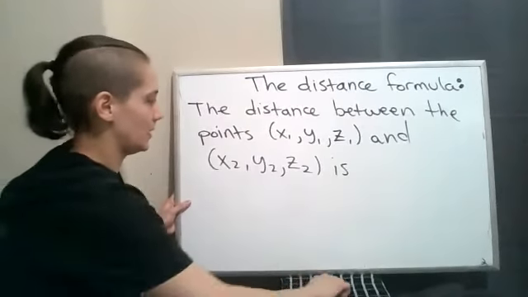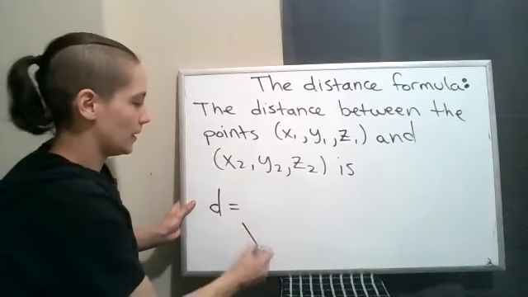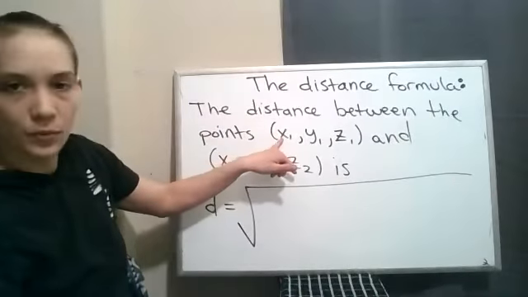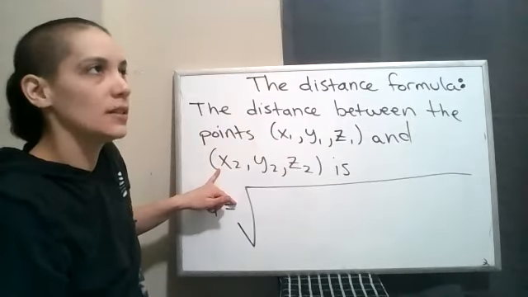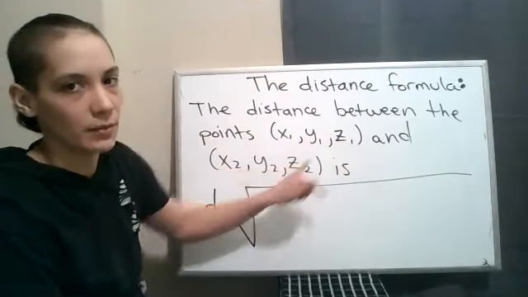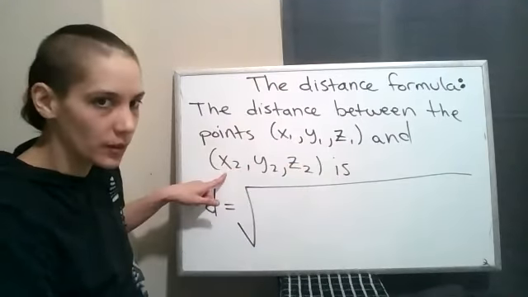So distance will be the square root of x1 minus x2 squared, add y1 minus y2 squared, add z1 minus z2 squared, as long as it's consistent.